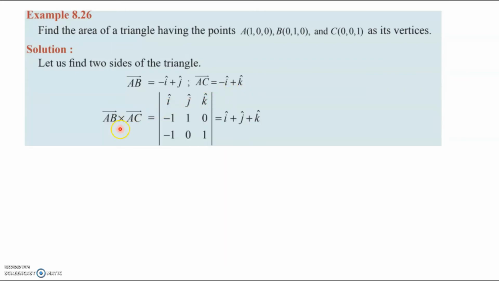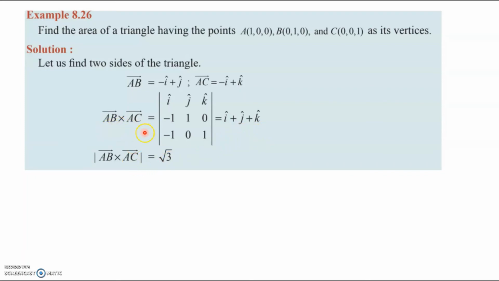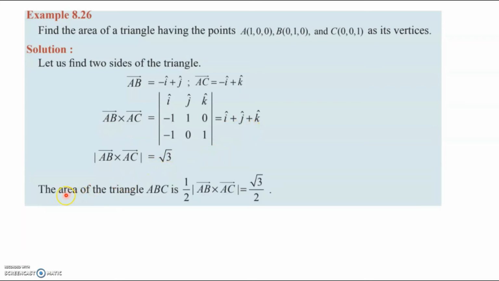Now our AB cross product with AC will be equal to this determinant. So solving this determinant, you will get your answer as i cap plus j cap plus k cap. So the magnitude of this cross product is equal to square root of 1 squared plus 1 squared plus 1 squared, which is root of 3. And therefore the area of the triangle ABC is half of this magnitude of AB cross product with AC vector, which is equal to square root of 3 by 2, and that's our answer.